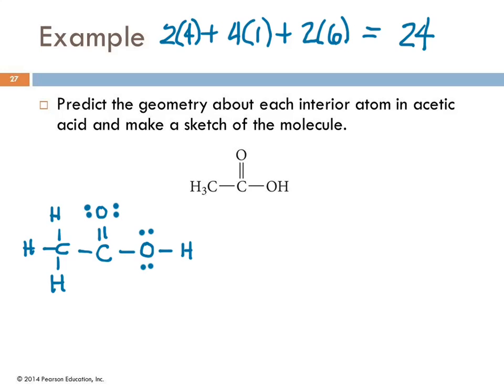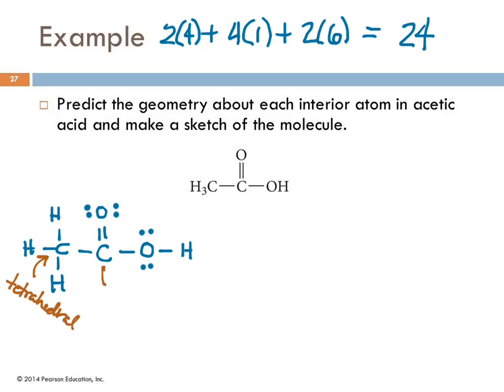Now that we have the Lewis structure, we can look at the geometries. What is the electron geometry around this carbon? Tetrahedral. What's the molecular geometry? It's the same because there's no lone pairs. So this one is tetrahedral. And what about the other carbon?